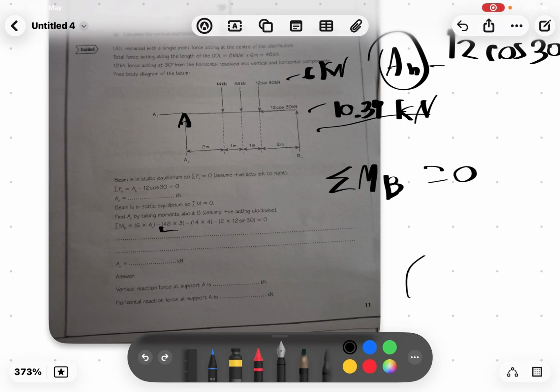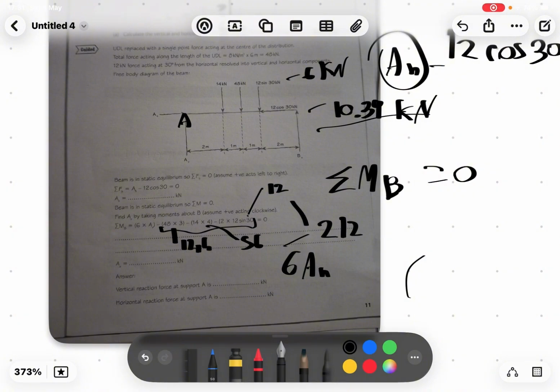So this equals 144. This equals 56. This equals 12. All of this equals 212. And so the 6 A's, the vertical A's, equal 212, because again they cancel each other out.